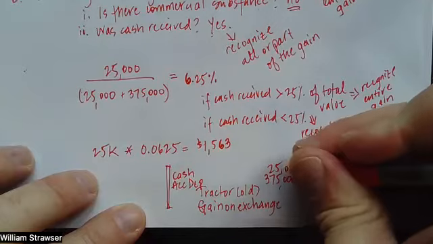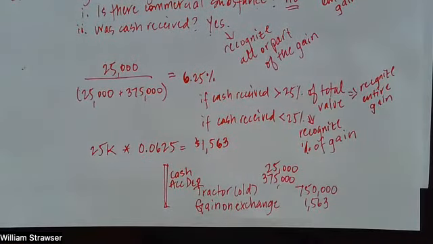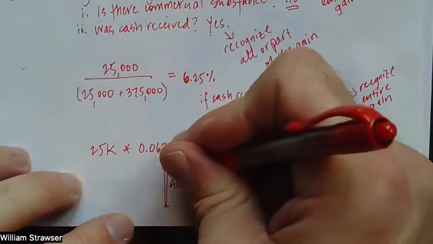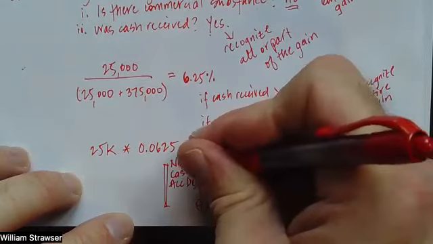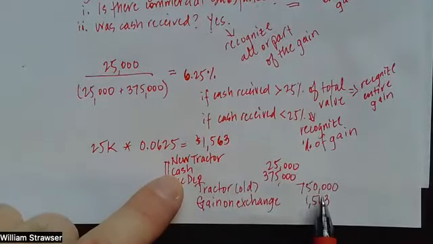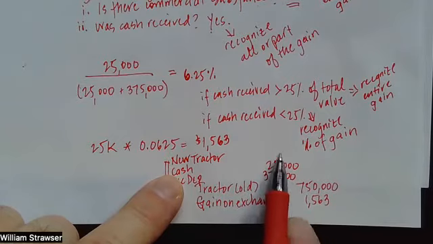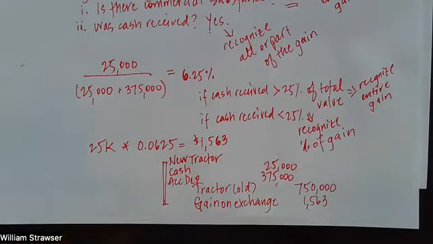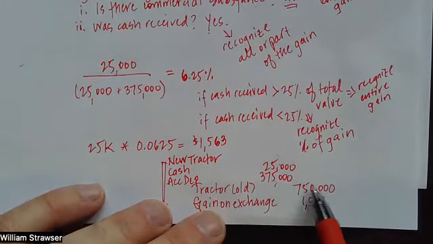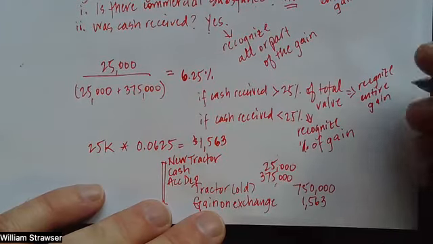The amount of cash I received was 25,000. That doesn't change. And now, like I mentioned, the only thing that could change to keep debits and credits on equal terms is to let the new tractor be of a different value. So now we have $400,000 of debit so far, and we have 751,563.